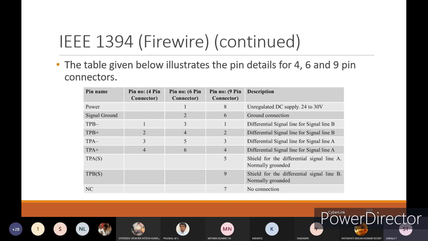And if you are going for 6-pin, you have two extra lines, that is power and signal ground, and the remaining are your differential signal lines. And for the 9-pin, all the 6 lines are the same as with the 6-pin connector. The remaining 3 lines are shield for differential signal line A and shield for differential signal line B, and you will have no connection for one other pin.